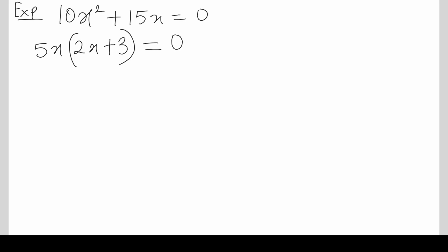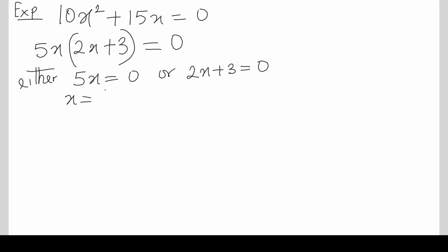Then we pick one, the one outside, either 5x equal to 0, or we pick the second factor, 2x plus 3 equal to 0. Of course 5x equal to 0 implies that x is equal to 0, that is, x equal to 0 over 5, which still gives us 0.